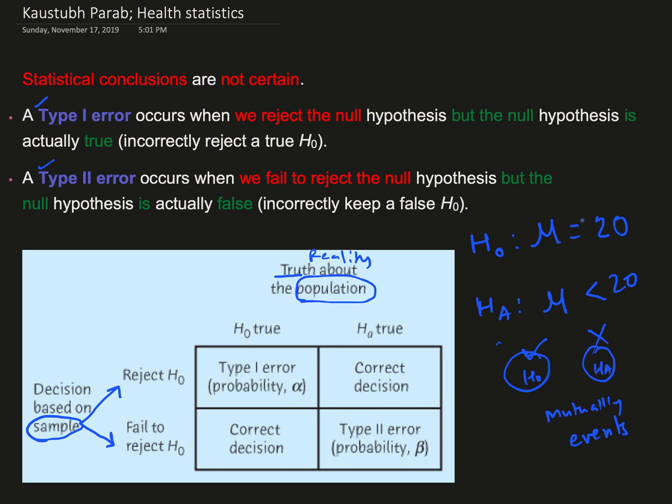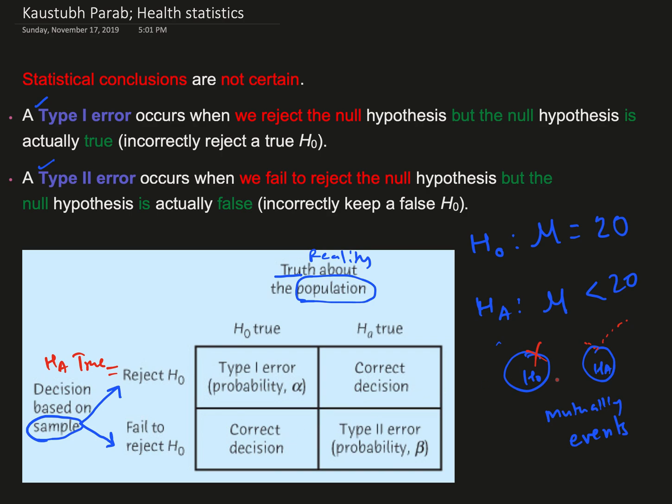With that bit of background, now let's see, if we study the sample, we could either reject the null hypothesis. That means we are rejecting the null, so in other words, we favor the alternative hypothesis. You can also write it as the alternative is true. That's the first row. The other would be we fail to reject the null.